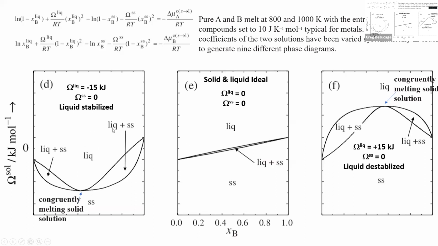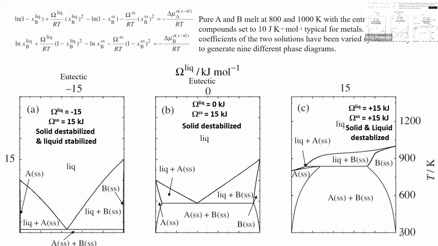I guess we look at it in terms of critical solution temperatures. So if you start playing around with destabilizing a solid, stabilizing a liquid, then it's possible to get this behavior: two solid crystals forming, right? And if you destabilize the solid and keep the liquid alone, you broaden those out.